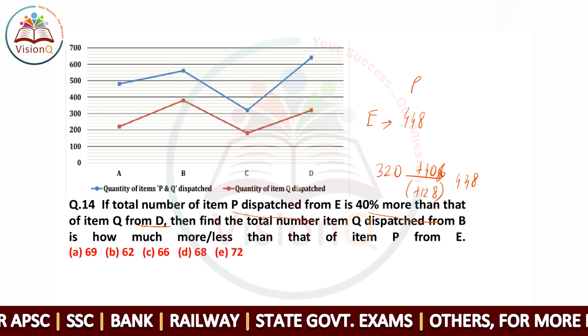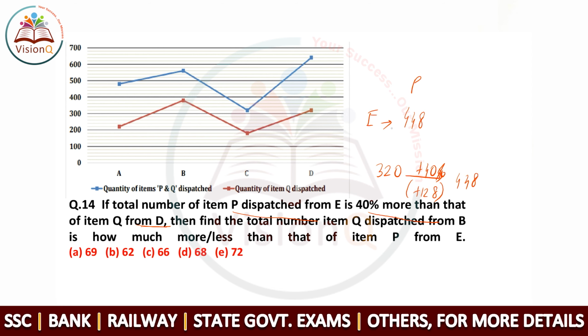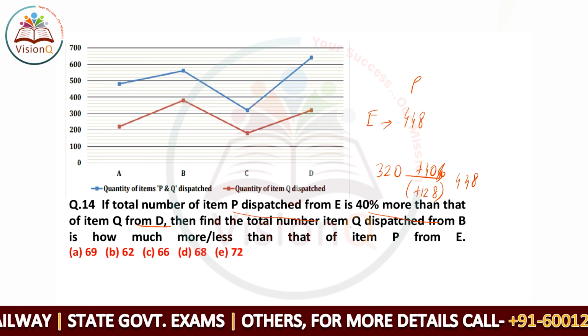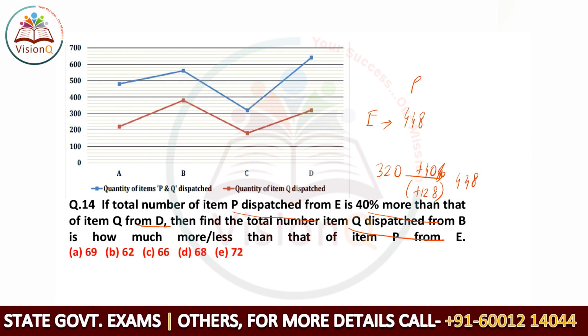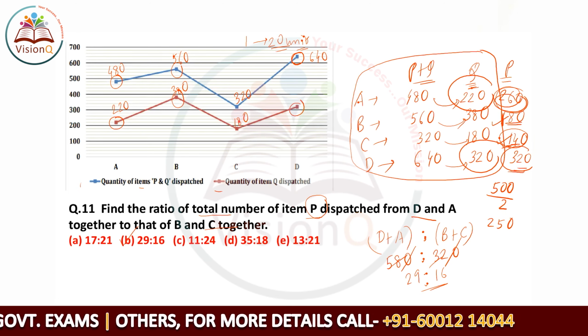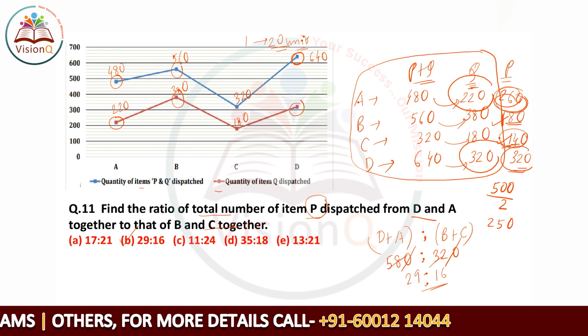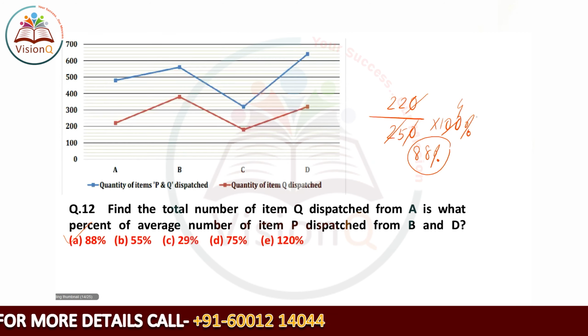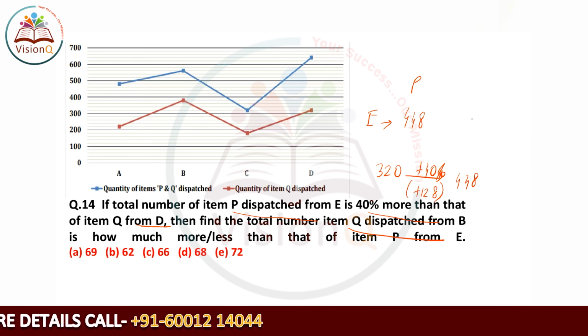Then find total item Q dispatched from B is how much more or less than total item P from E. Total item Q from B was 380, isn't it? So 380 is how much less than 448.